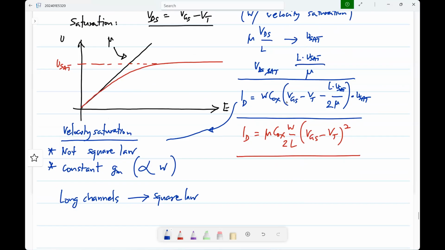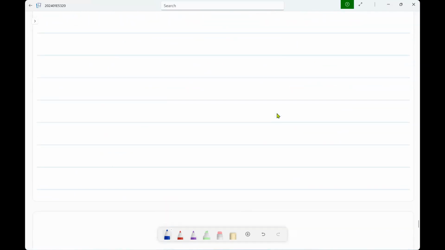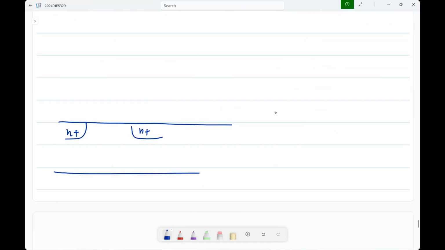Now let's go to more design related aspects. So what is it that you actually design when you design ICs? Essentially, you are making two-dimensional drawings of everything. So the transistor cross section looks like this.